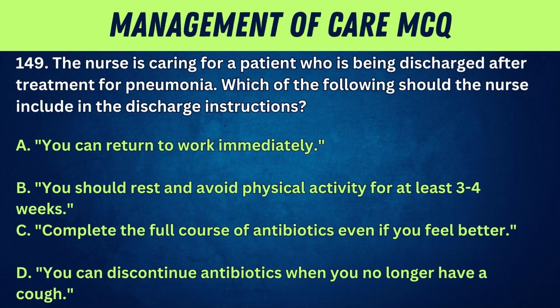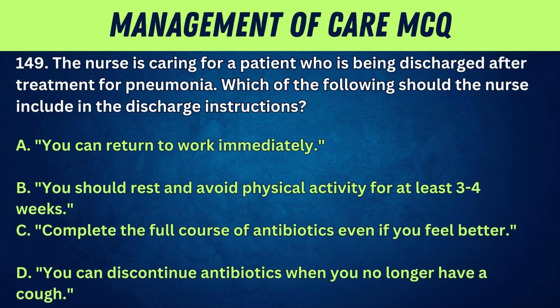149. The nurse is caring for a patient who is being discharged after treatment for pneumonia. Which of the following should the nurse include in the discharge instructions? A. You can return to work immediately. B. You should rest and avoid physical activity for at least 3 to 4 weeks. C. Complete the full course of antibiotics even if you feel better.